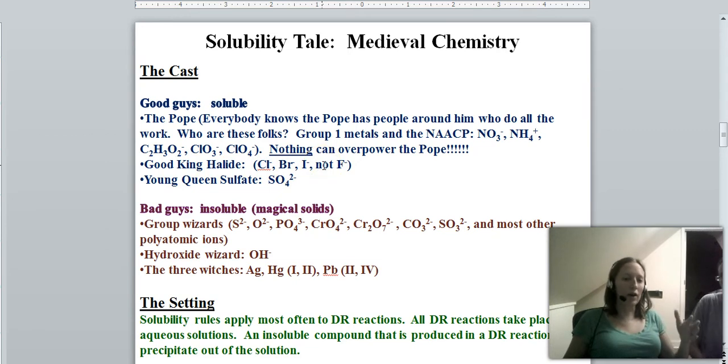And the thing about Good King Halide is that, well, we'll have to get to the witches in a minute. There's witches? There's witches. Are they good? No. So that's Good King Halide, and we also have his young, beautiful wife, Queen Sulfate.